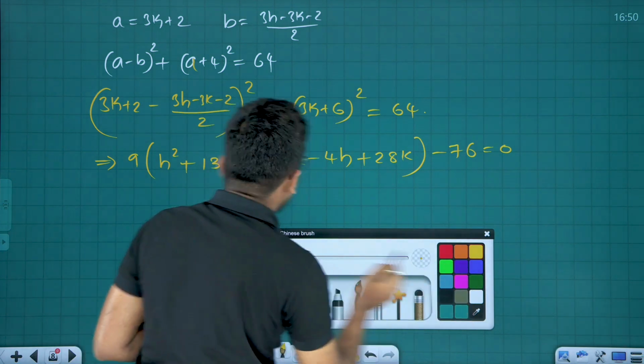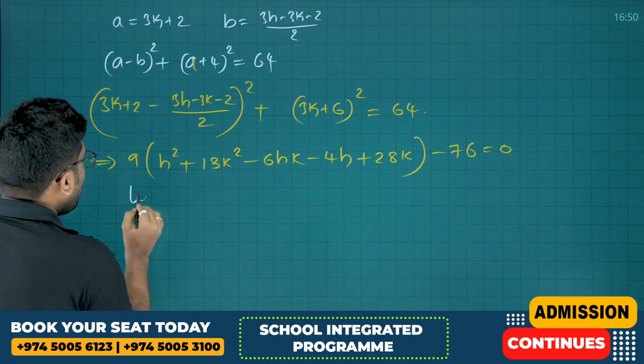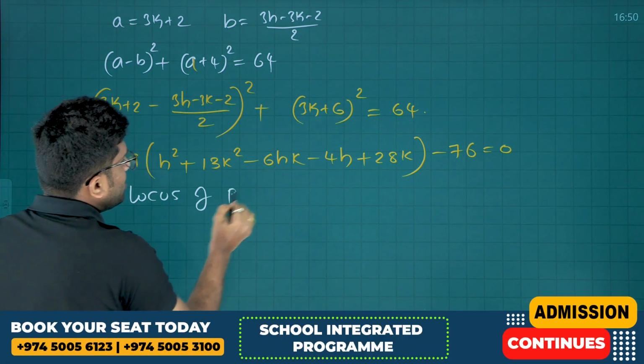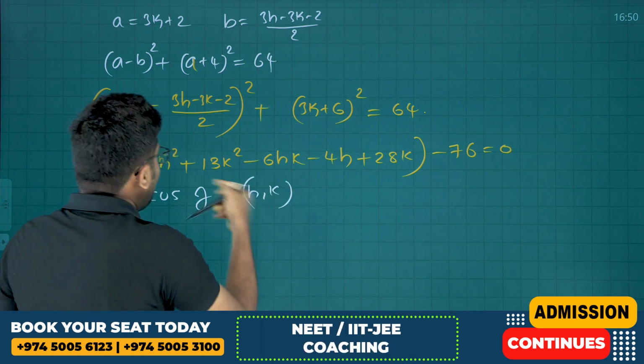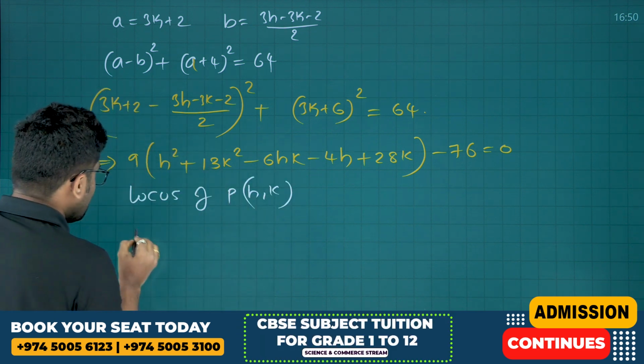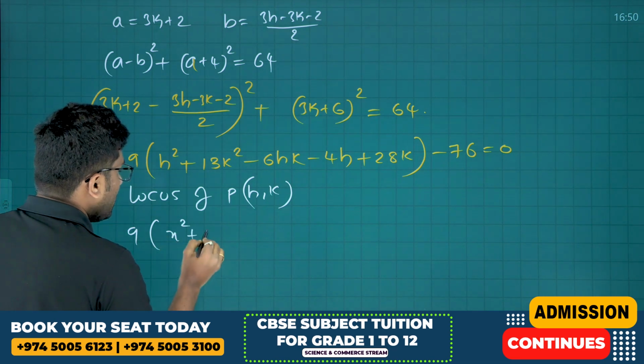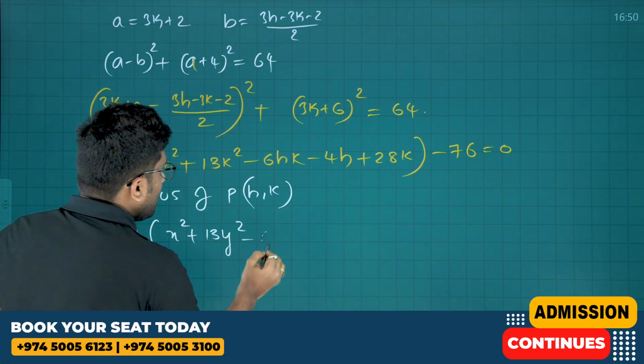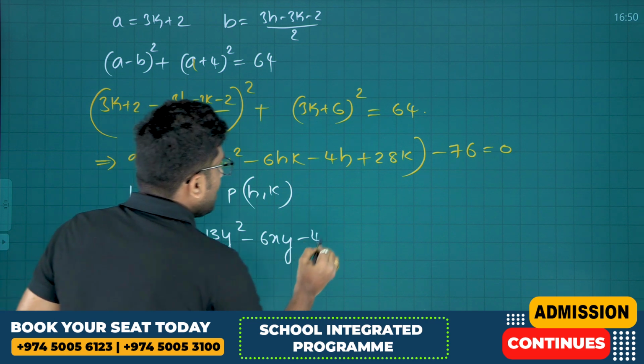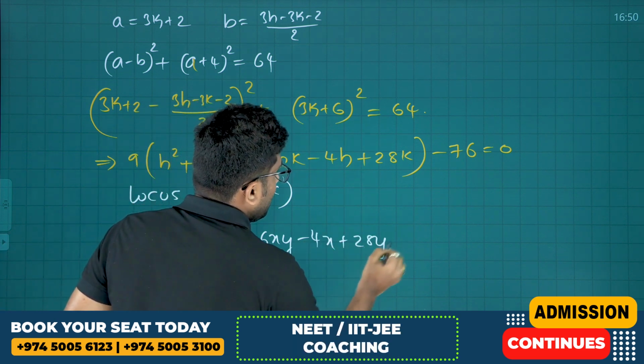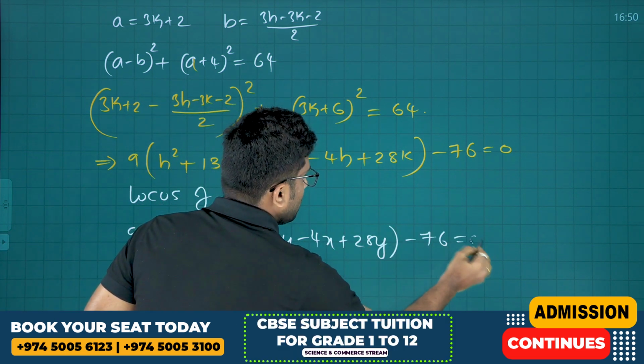Now what do you mean by locus? Finally, locus of P of h comma k, we will replace h comma k with x comma y. That means 9 times x square plus 13y square minus 6xy minus 4x plus 28y minus 76 is equal to 0.